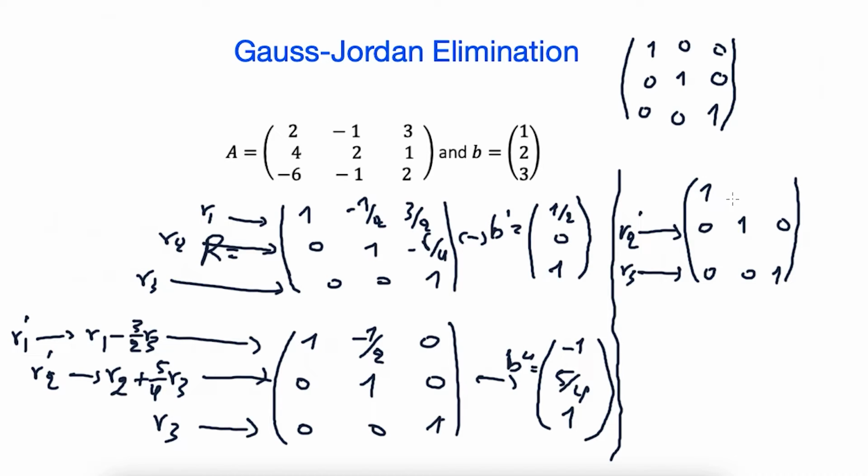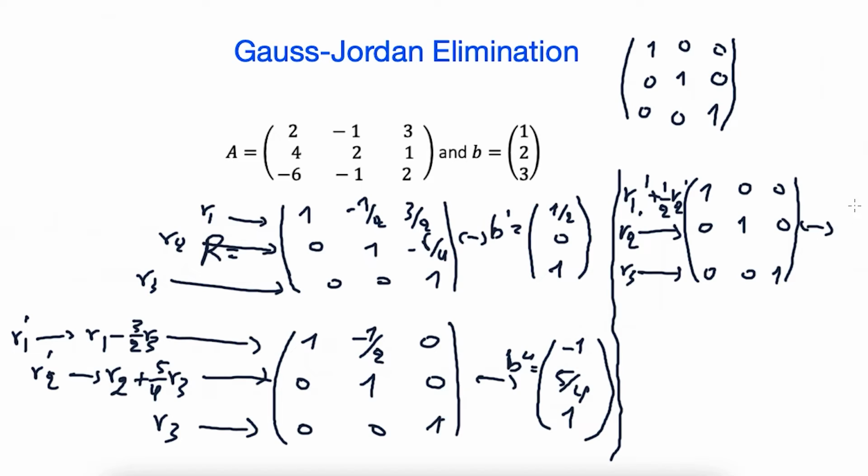To get the 0 here, we will use R1 prime plus 1/2 R2 prime. So plus this row plus this row, so it will be minus 1/2 plus 2/2 plus 1, so it will be 0, and here 0.